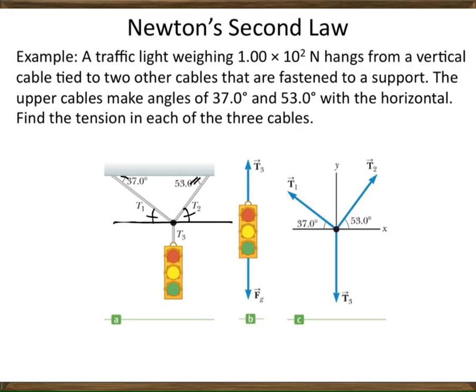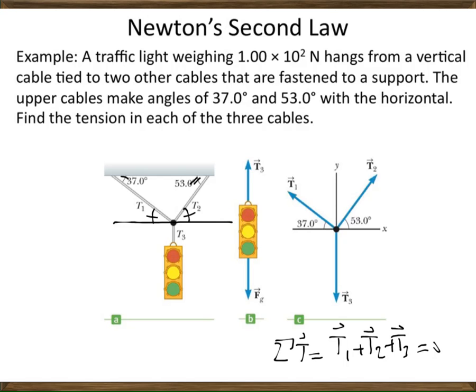You can easily say that the sum of all the forces must be equal to 0, because it's in equilibrium position. So you can write the total of tension, T1 plus T2 plus T3, must be equal to 0.